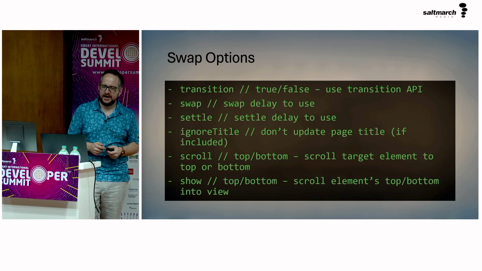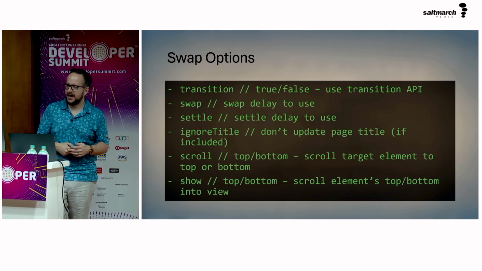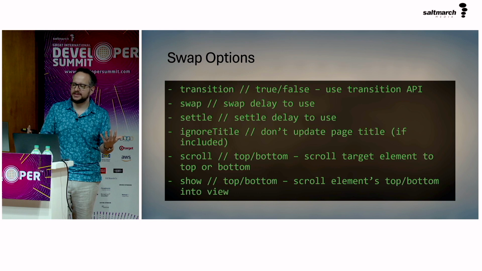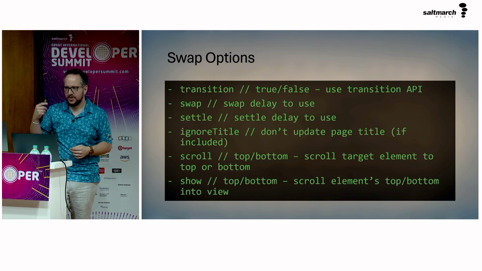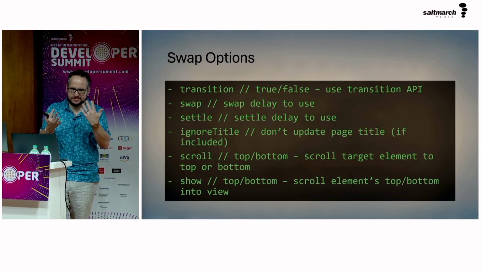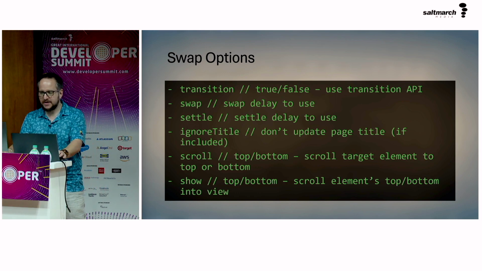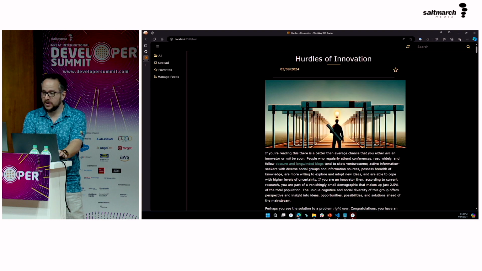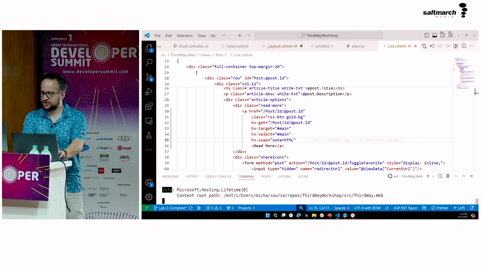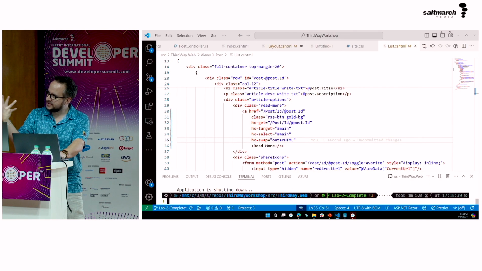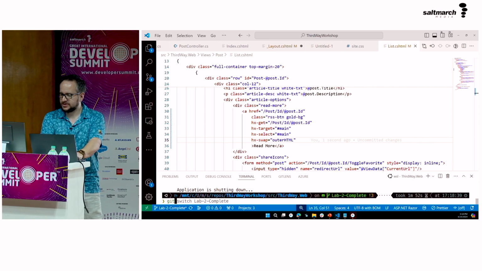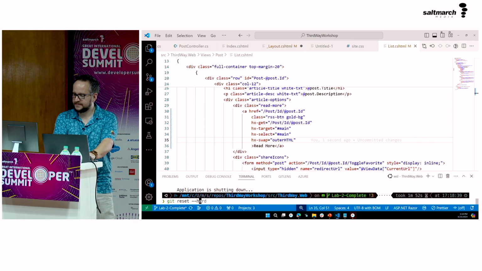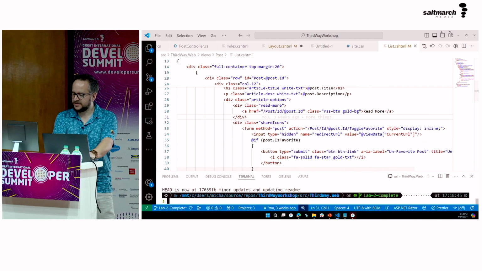So you can use a transition API. You can add some of these dynamic things. So you know, the swap delay, a settle delay. You can set up some transitions and things like that. And in fact, I'm going to jump ahead and just show you what some of these transitions start to look like. So I'm going to just cancel all this out.